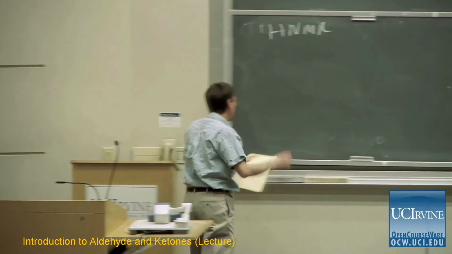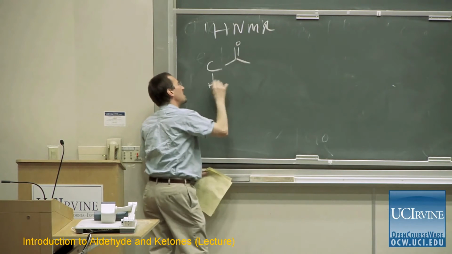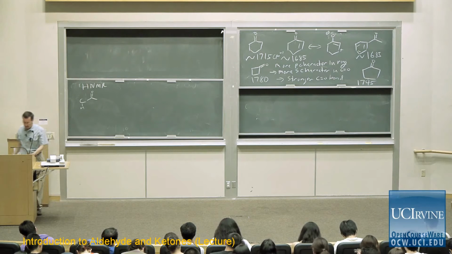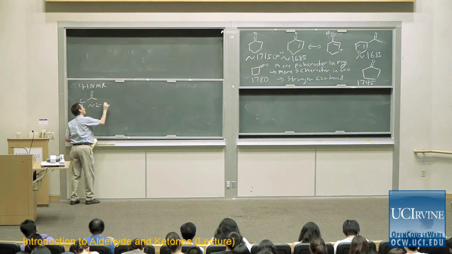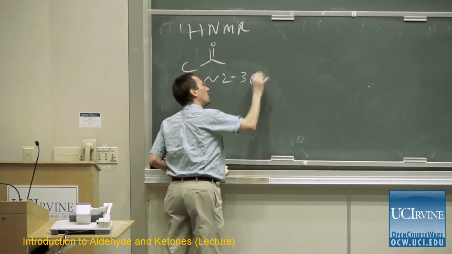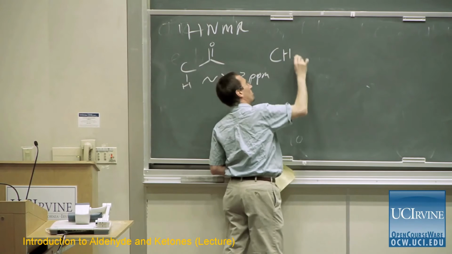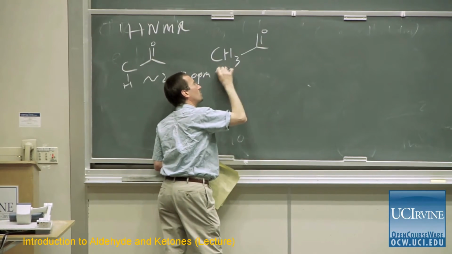Ditto, if you have a hydrogen that's next to a carbonyl, you tend to have a general area that hydrogen might be at, generally about 2 to 3 ppm, depending on the type of hydrogen. So for example, a methyl group off of a carbonyl tends to be more about 2 ppm.